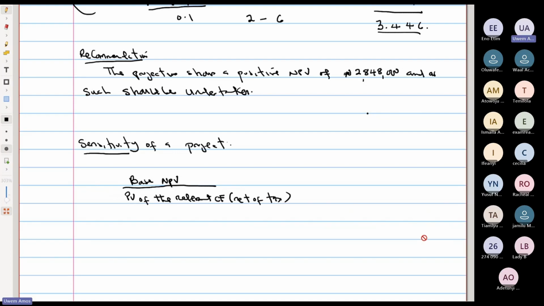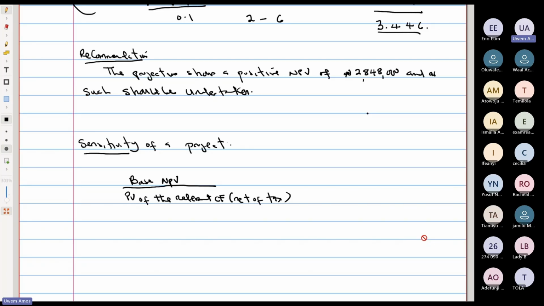If you're looking at sensitivity of sales, it will be the present value of sales. If you're looking at sensitivity of fixed costs, it will be the present value of your fixed costs. If you're looking at contribution, it will be the present value of contribution net of tax. Your base NPV is always constant.